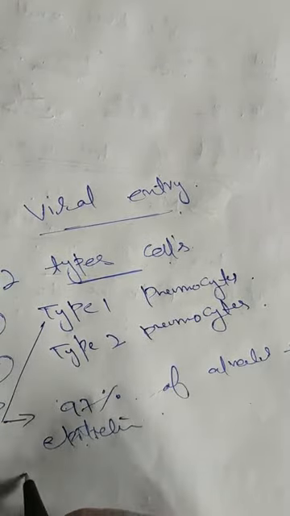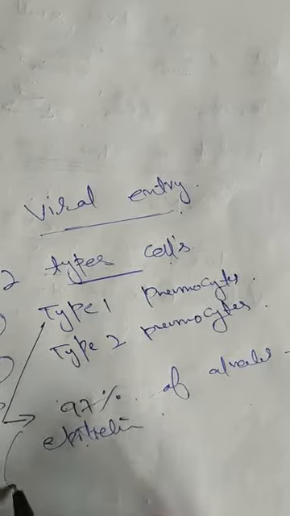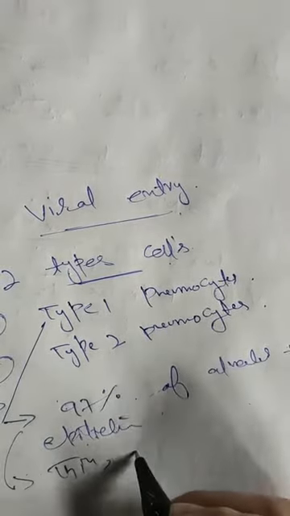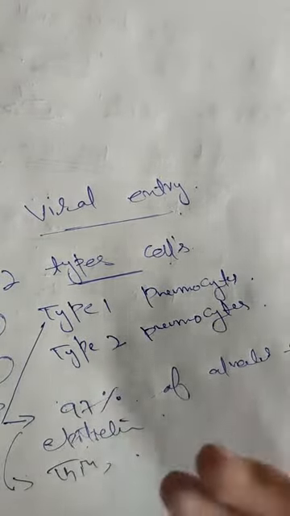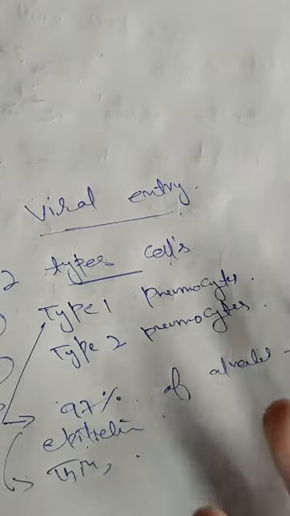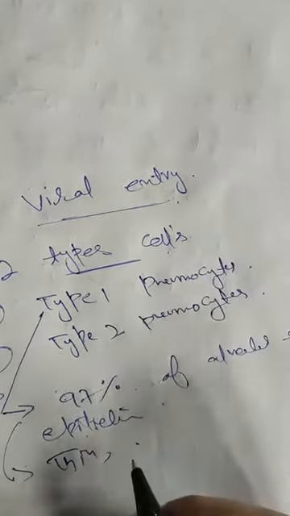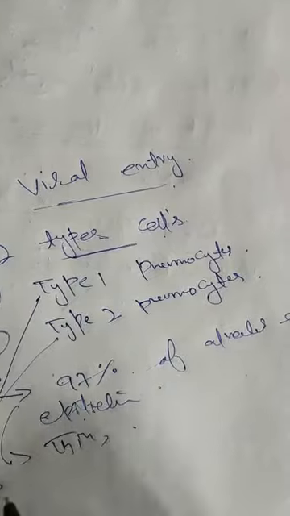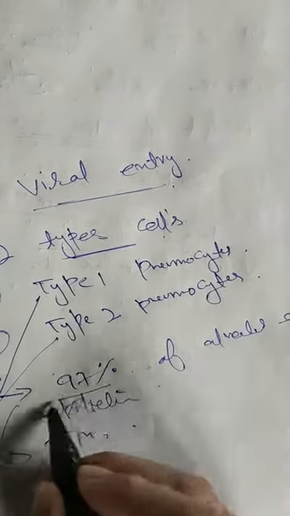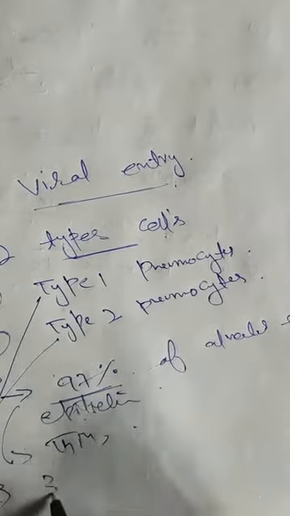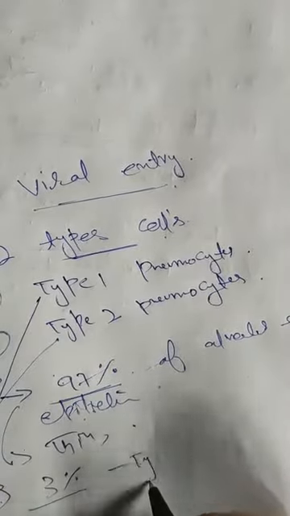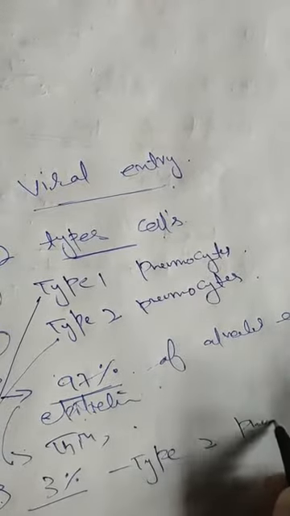These cells are very thin, and they form the blood gas barrier as well, which are adjacent to pulmonary capillary endothelium. Type 1 make up 97%, and the rest 3% are made up by type 2 pneumocytes.